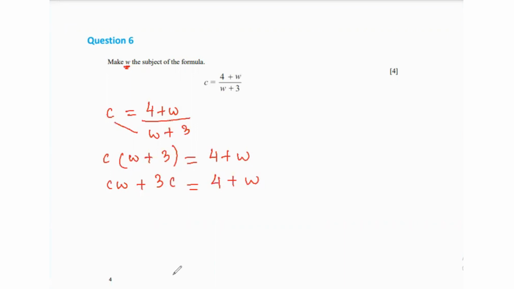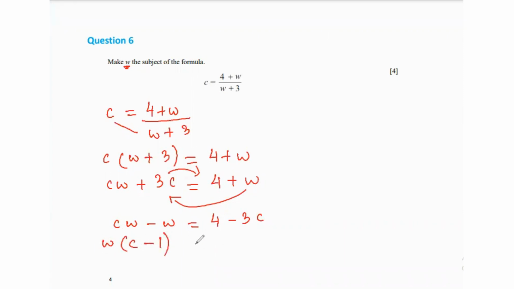Next is to make sure that all of the terms which have w are on one side, which means 3c moves over here and w moves over here. So cw minus w equals 4 minus 3c. Next step is to take w common, because otherwise we can't make it the subject of the entire equation.